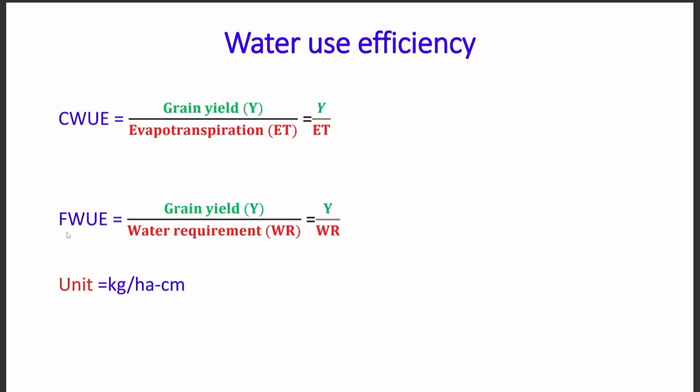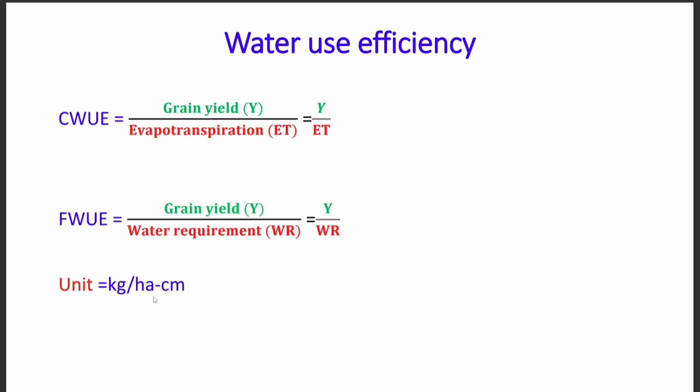Farm water use efficiency is also grain yield divided by the water requirement. The water requirement may be maybe 2000 or 3000 liters per hectare, and grain yield in quintal or ton can be converted into kg. So the unit is kg per hectare centimeter.